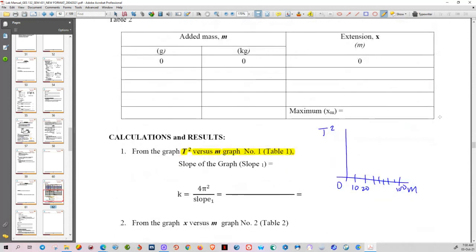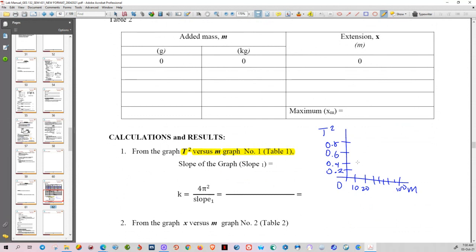You can make the graph, for example, by 0.2s: 0.4, 0.6, 0.8, until you complete the line, okay?